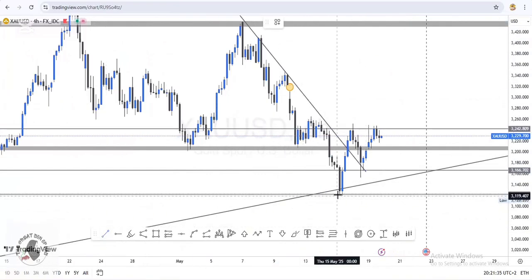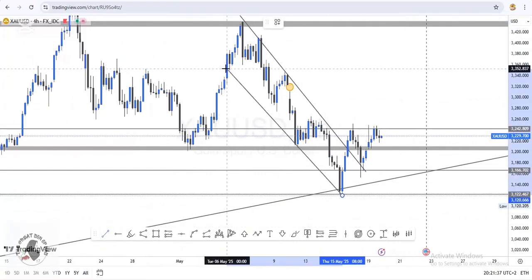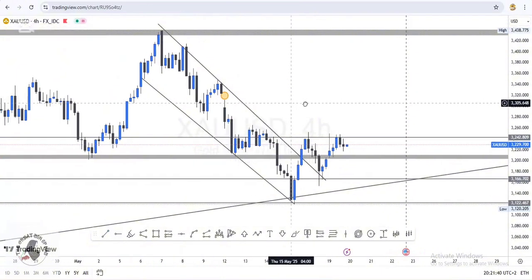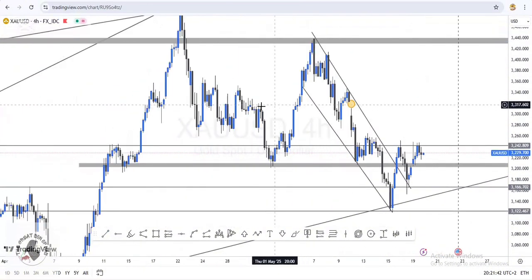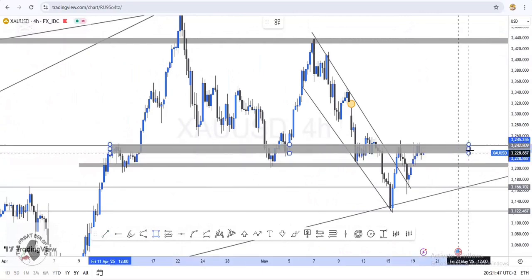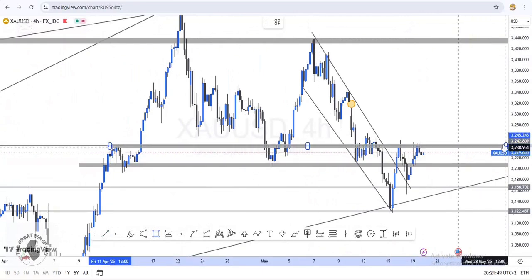So from there, we have a zone, remember here. This is a zone that the market has to respect, because it's a strong zone again.